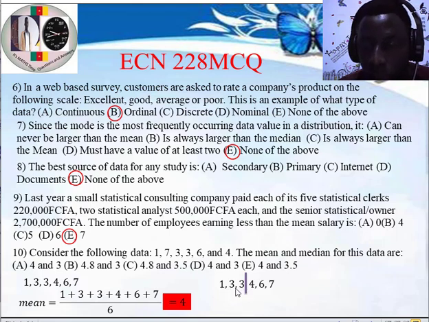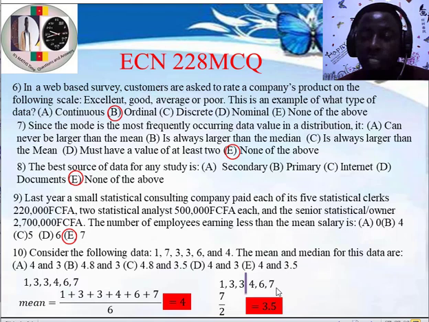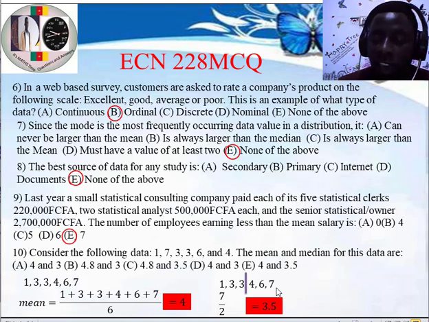We have 1, 2, 3 numbers on the left, 1, 2, 3 numbers on the right. So we are going to pick the numbers 3 and 4, add them and divide the result by 2. So 3 plus 4, which is 7, divided by 2, is going to give us 3.5. So the mean and the median will be 4 and 3.5 respectively.